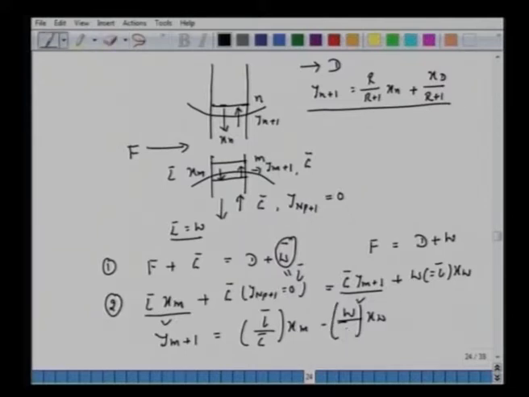Now let's compare what we had earlier and what we have now. In the previous operating line equation we had L bar by G bar and W by G bar, but L bar was not the same as W. We had the flow rate L bar arriving at the reboiler, a bottom product W, and vapor sent back as G bar.